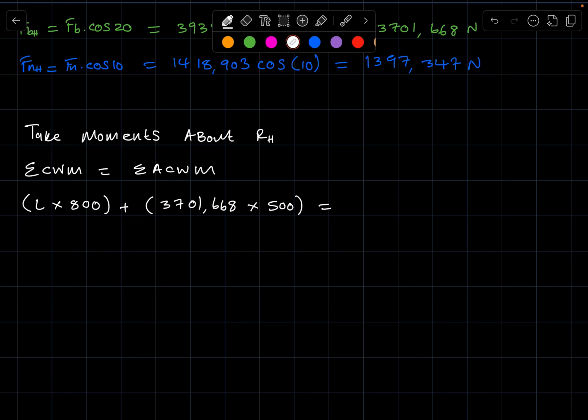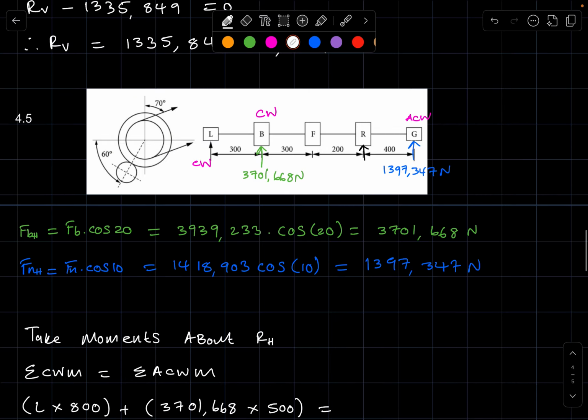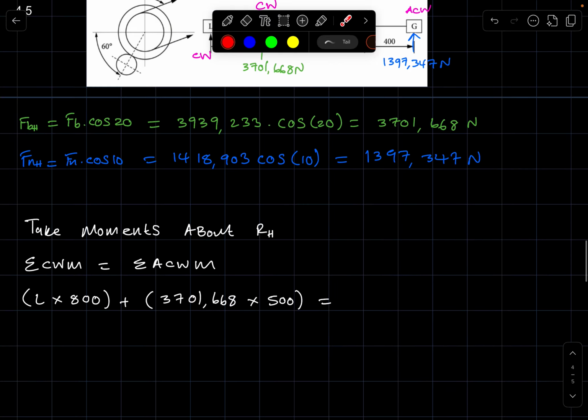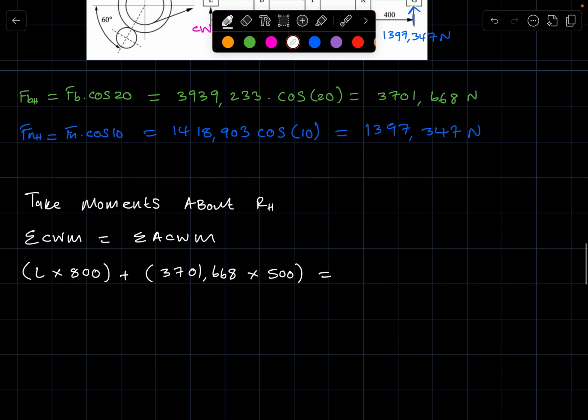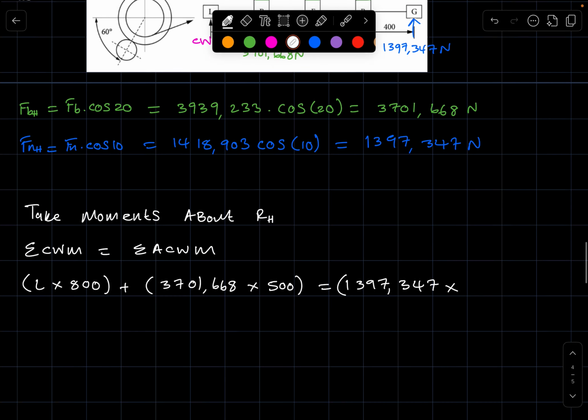And then of course this is equal to the only force that has an anti-clockwise turning effect, 1397,347, times the perpendicular distance, which is 400.